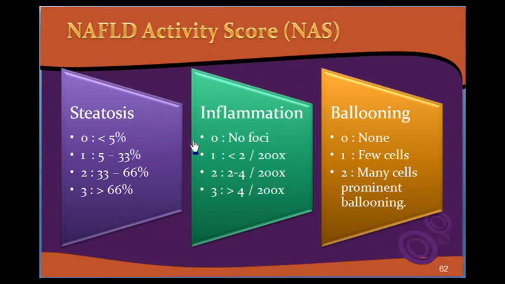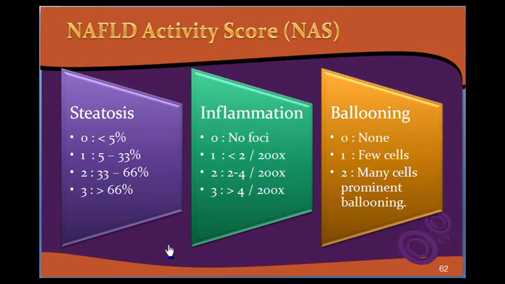Depending on the inflammation, no foci of inflammation, score 0, less than 2 foci of inflammation for 200x magnification, score is 1, 2 to 4 foci, score is 2, more than 4 foci of inflammation, the score given is 3. For ballooning, if there is no ballooning of the hepatocyte, score is 0, few cells only are showing ballooning, 1, almost all the cells are showing ballooning, prominent ballooning is seen, score 2.